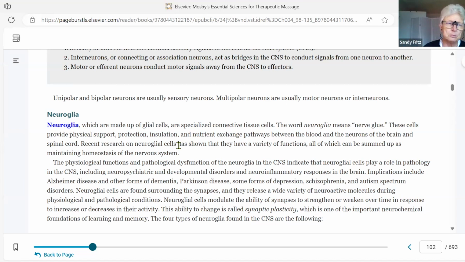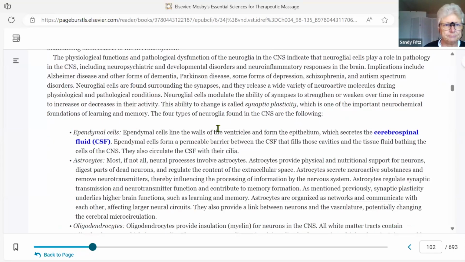For us to be excellent massage therapists and self-teachers, even though it's not on the licensing exam, to stay up to date with research and the implications for us as massage therapists, we need to have a base understanding here.